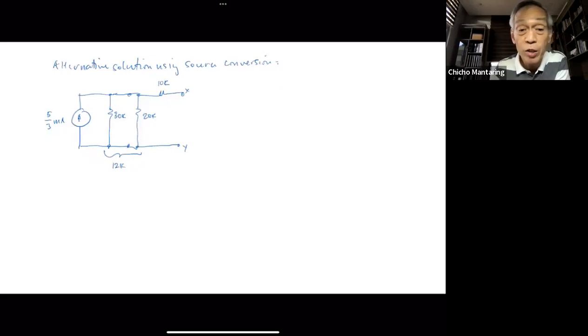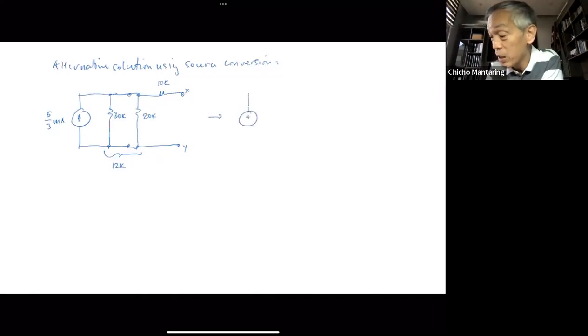The value of my voltage source would be 5/3 mA times 12K, which will give me 20. So I'm going to get 20 volts. Okay, and then I have my 12K, and then finally, I have my 10K. So these two are now 22K.